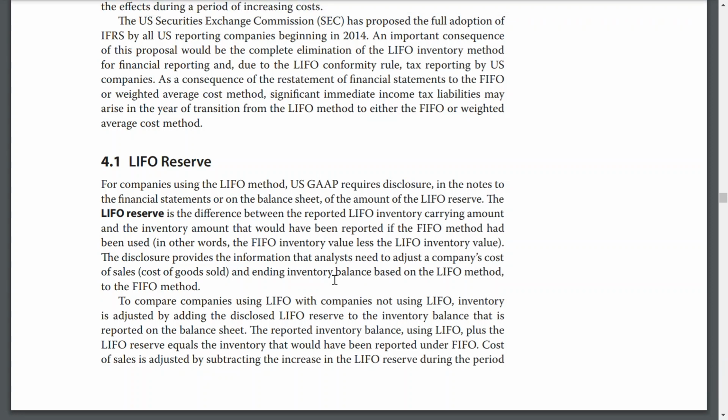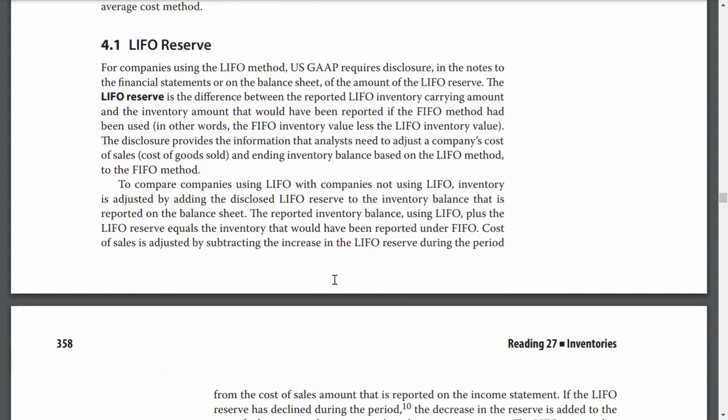In other words, the disclosure provides the information that the analyst needs to adjust the company's cost of sales, cost of goods sold, and ending inventory balance based on the LIFO method to the FIFO method. To compare companies using LIFO and companies not using LIFO, inventory is adjusted by adding the disclosed LIFO reserve to the inventory balance that is reported on the balance sheet.